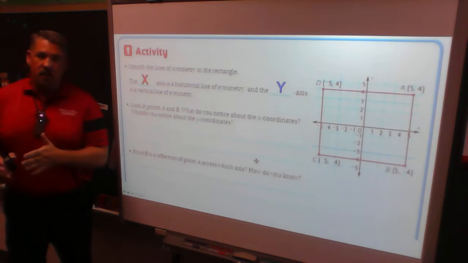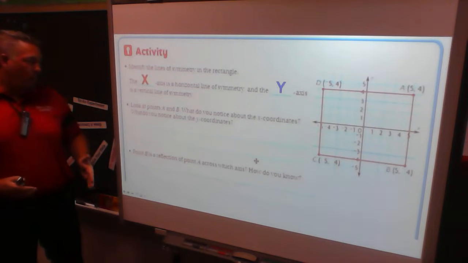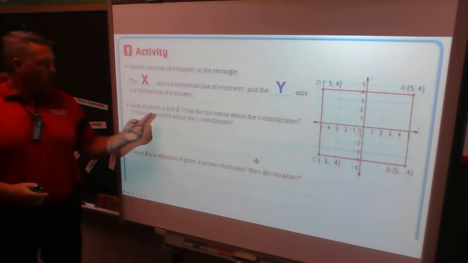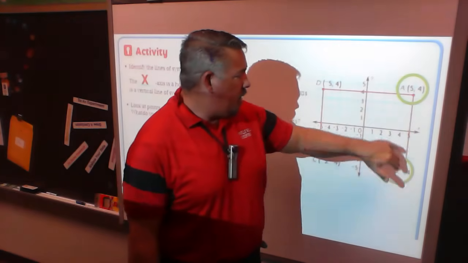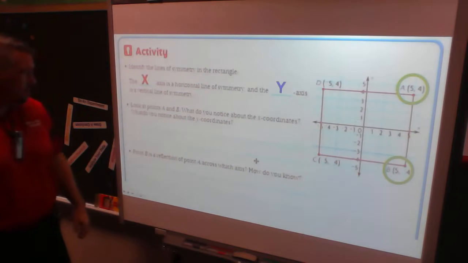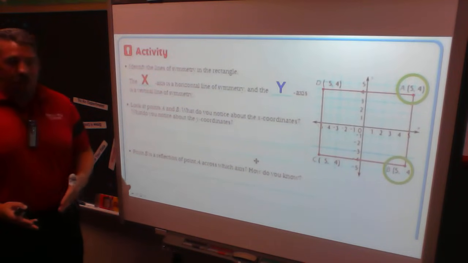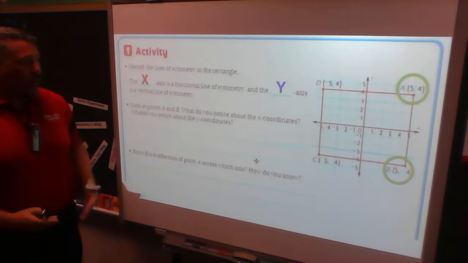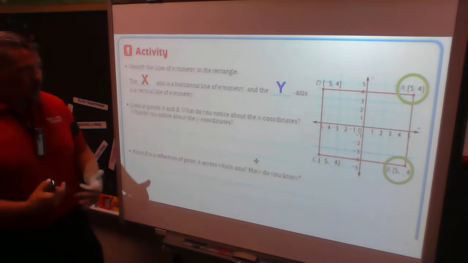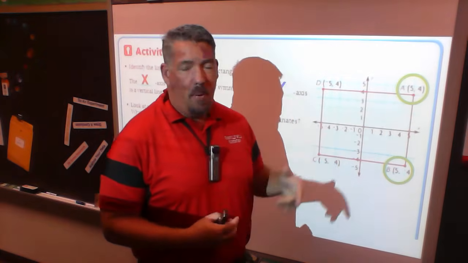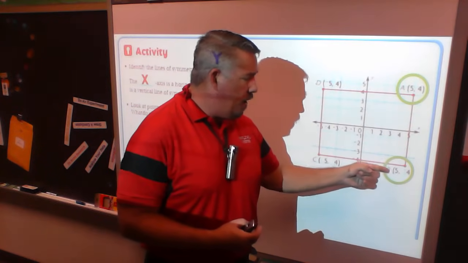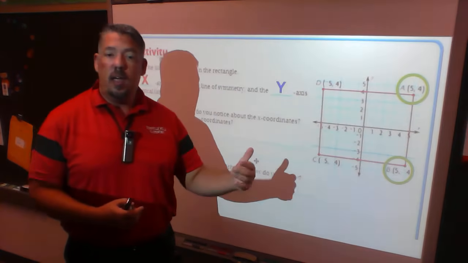With that information then, I can answer some basic questions about this rectangle. Look at points A and B. So A and B are these right-hand side coordinates. What do you notice about the x coordinates on A and B? So when you look in your book, hopefully you'll see that this is a +5 followed by a +4. And on B, it's a +5 followed by a -4.